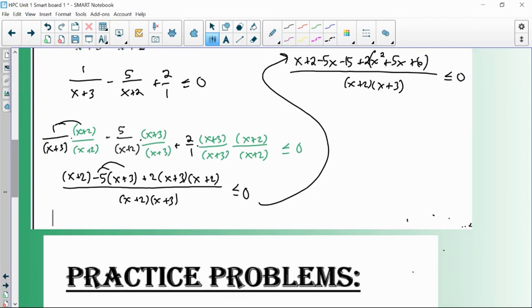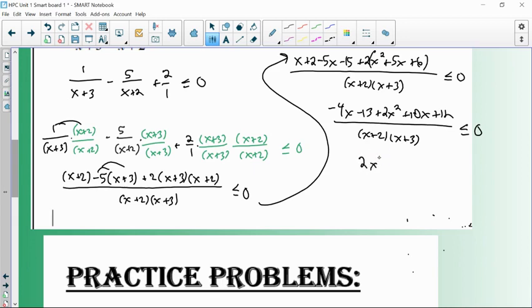And I can combine: x minus 5x is negative 4x, 2 minus 15 is minus 13, and then plus 2x squared plus 10x plus 12 over x plus 2 and x plus 3. Okay, and then maybe I just simplify that top.